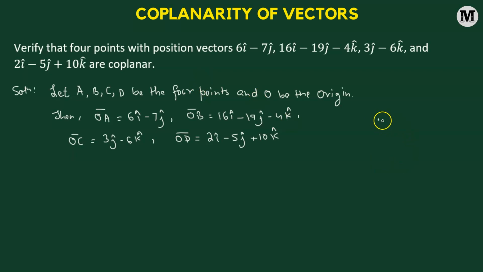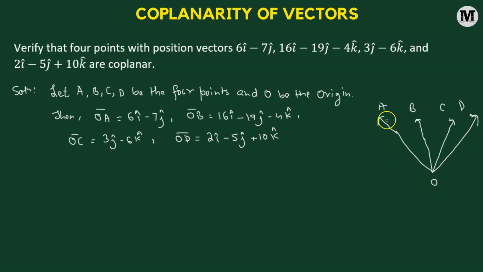So what we are doing here is we are selecting 4 points A, B, C, D. So let's say we have these 4 points and then we have the origin O. With respect to this origin O, we are defining the position vector of point A. We're defining the position vector of point B with the help of a directed line segment going from O to B. Similarly, we have a directed line segment joining O and C, and then we have OD vector as well.